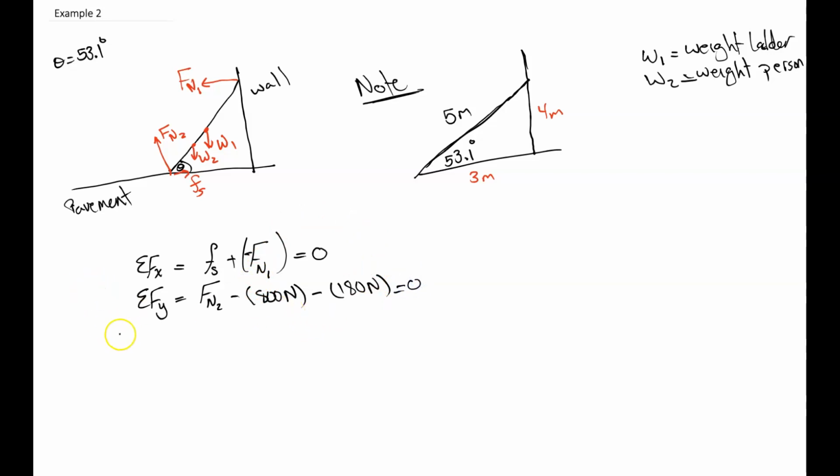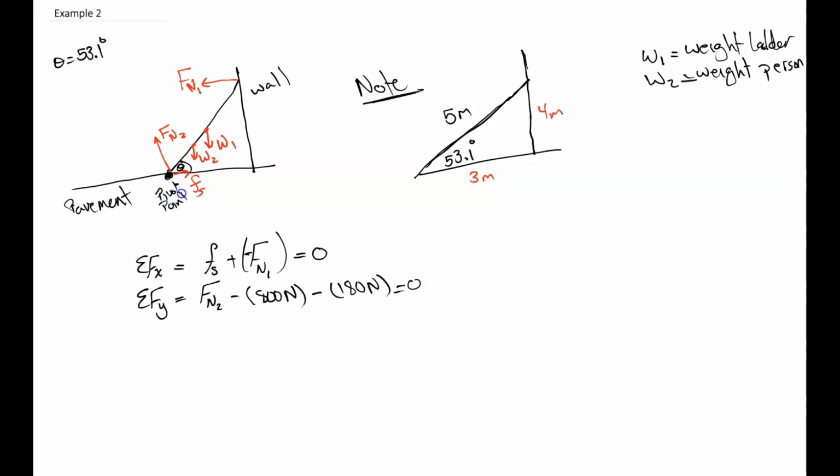And now we have to consider one more thing, which is the torque. If we consider the torque about a certain pivot point, let's take the pivot point to be the bottom of the ladder.